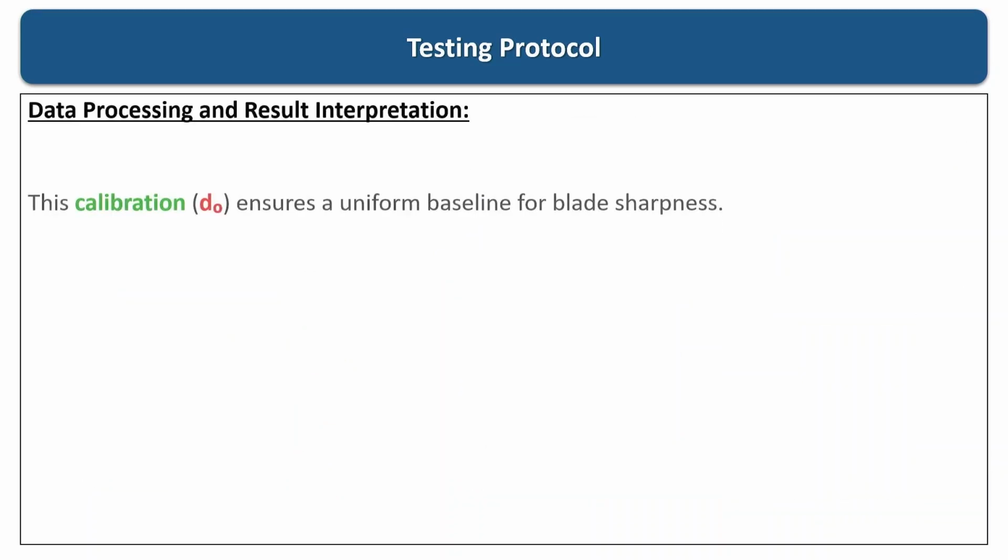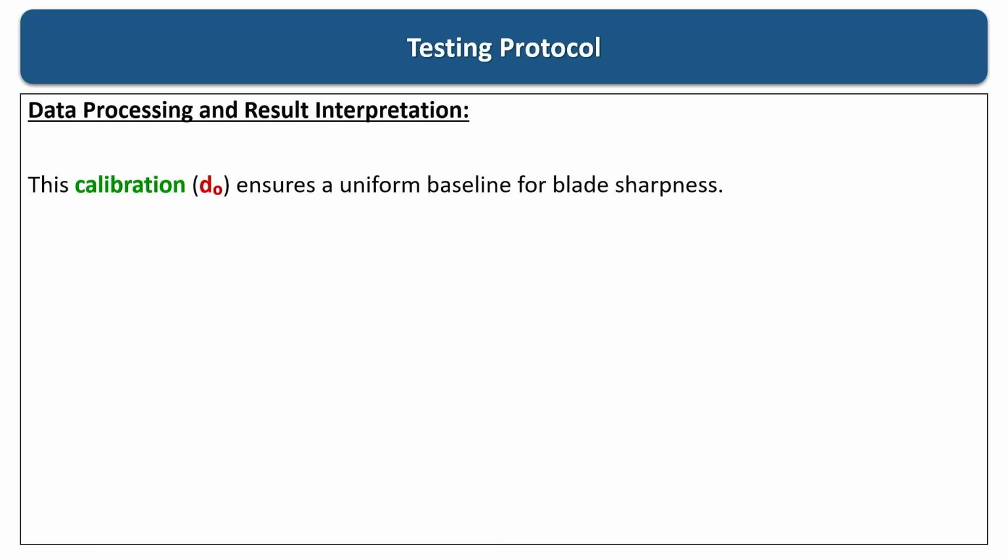Now, we can see the calibration distance we have discussed earlier. Calibration is to ensure a uniform baseline for blade sharpness. So, a standard blade was used, and standard fabric was used.